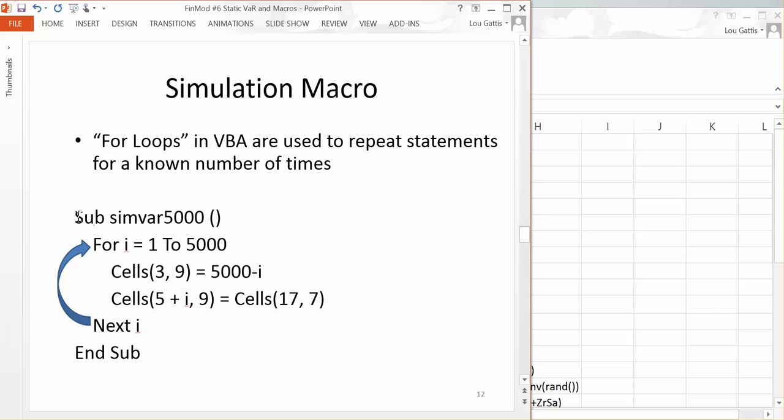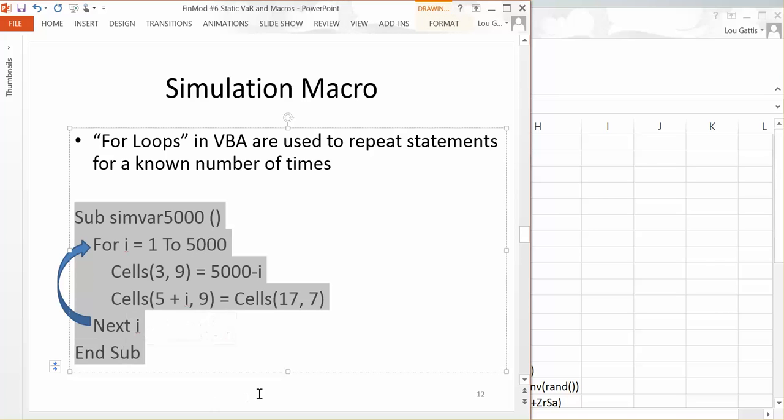It's called SimVar5000. It uses a simple looping structure. I'm going to copy 5,000 of those portfolio values in 17,7 and paste it over to the right. I'm also going to do one other routine. I'm going to count down my 5,000 numbers so I can see my progress.